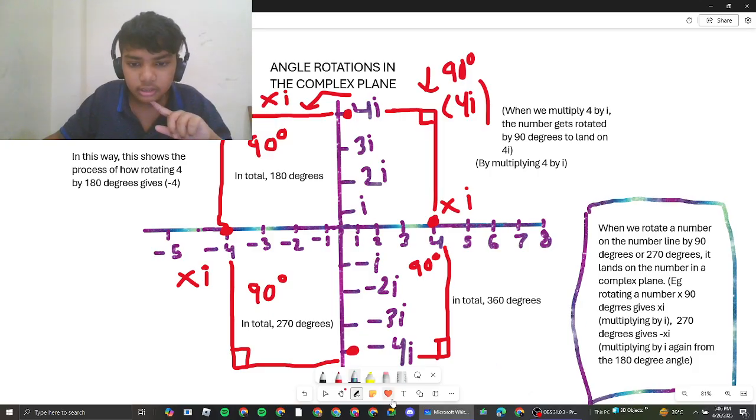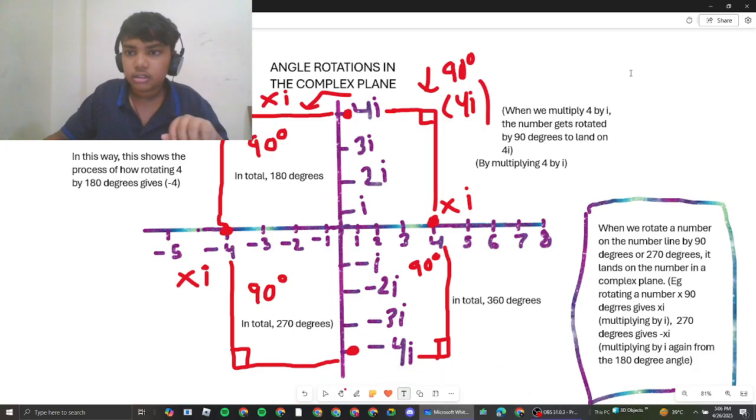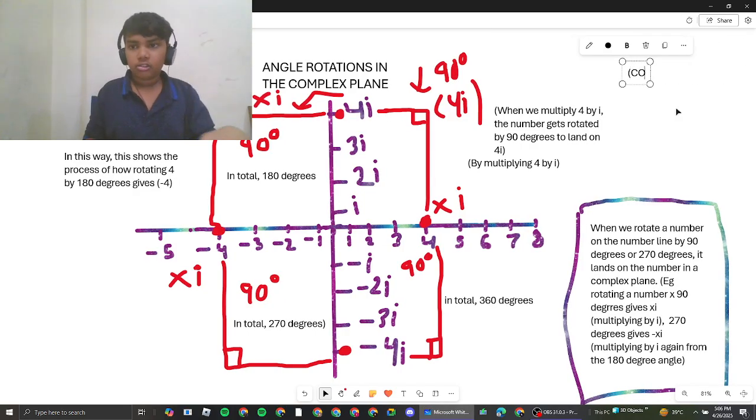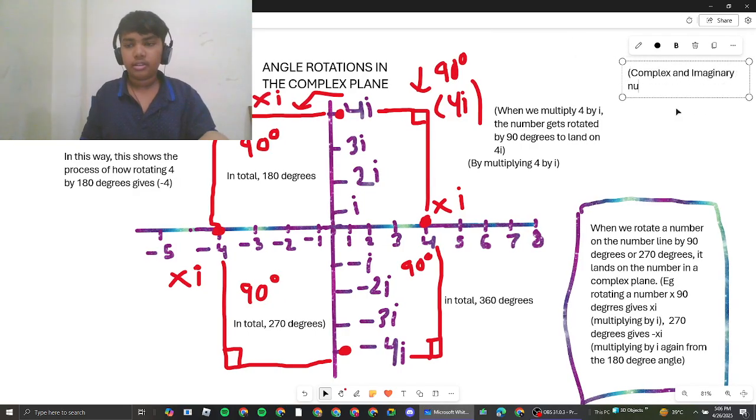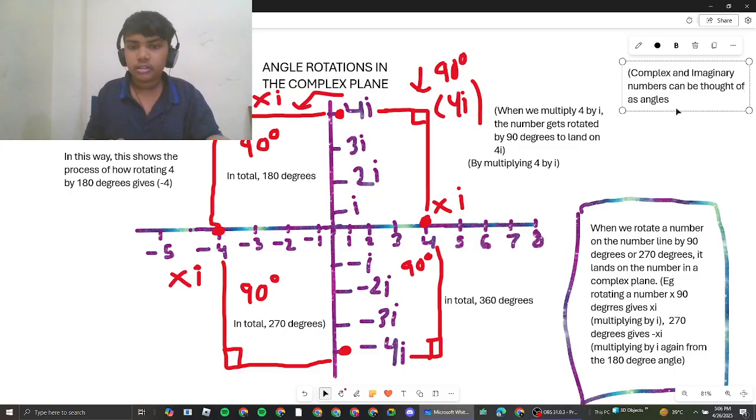Now I'm going to write something else. Complex and imaginary numbers can be thought of as angles in this manner.